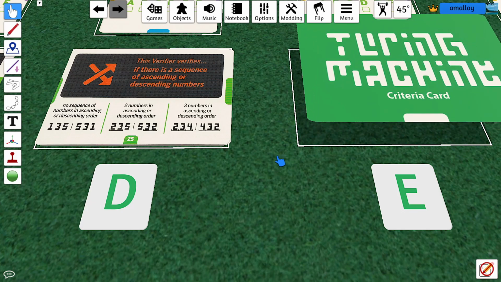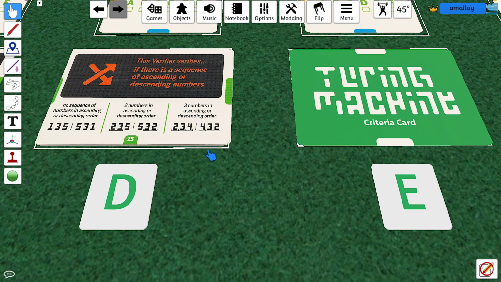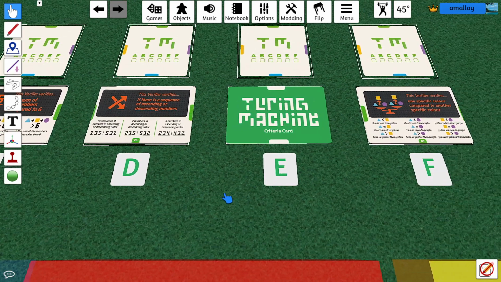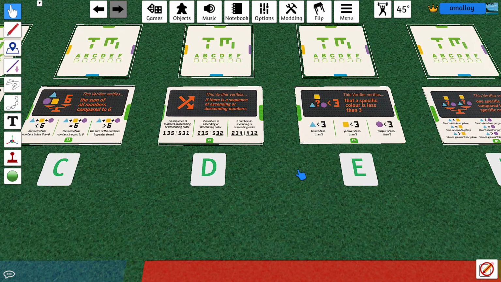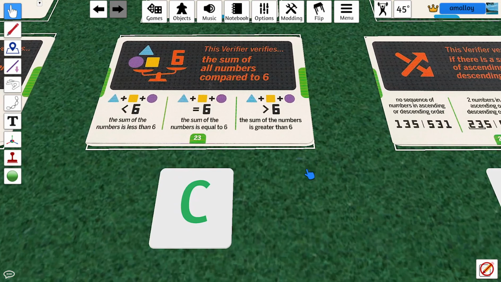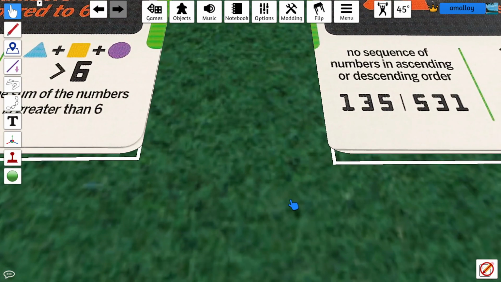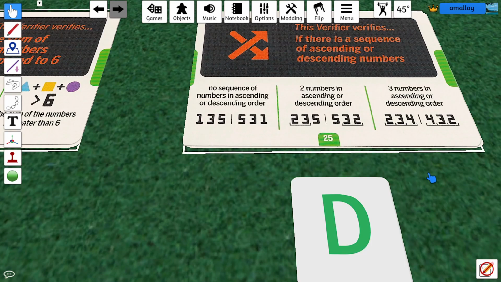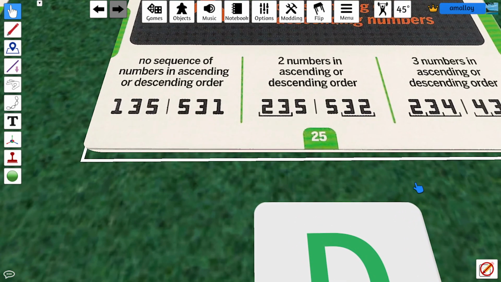If we turn this face down and assume there's a sequence of 3 increasing, they could be 3, 4, 5. This is what tells us that's not possible. And so it's still not superfluous. No sequence of numbers ascending or descending. So right.